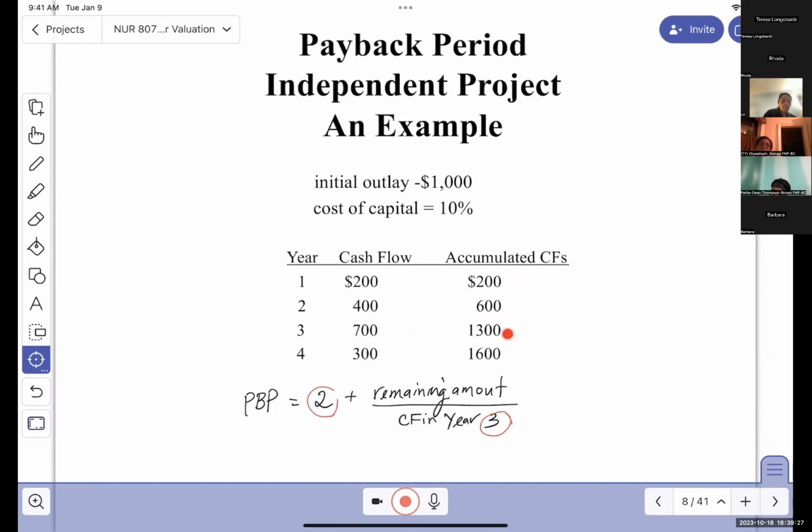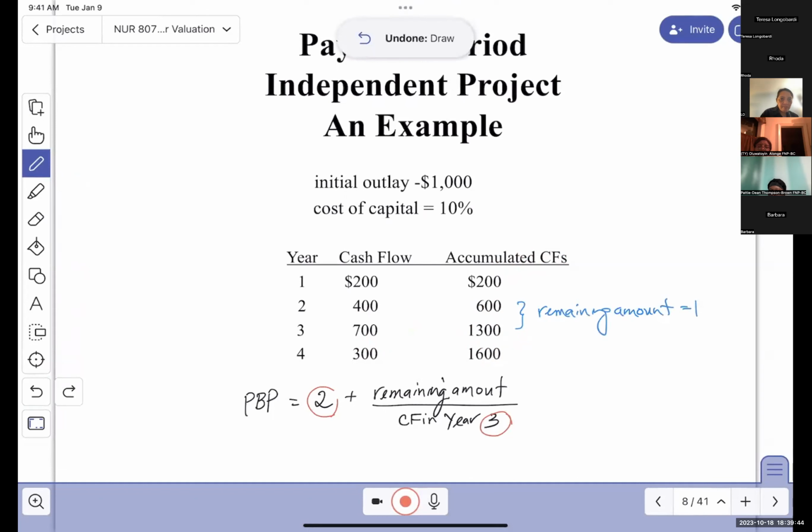So the remainder is the 1,000 minus 600.